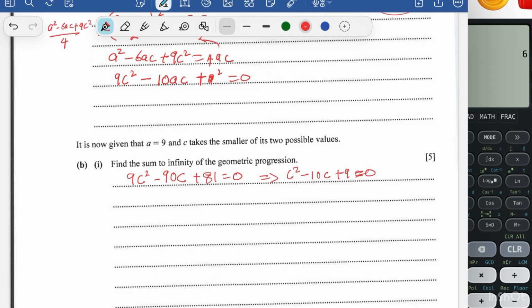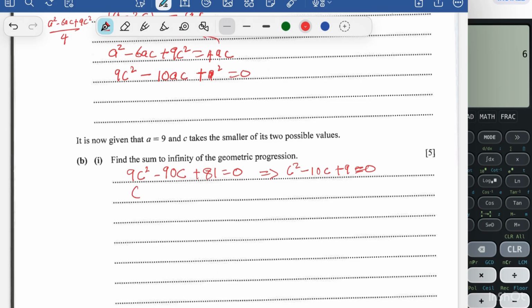Then we can factorize that. You can use your calculator: (c minus 1)(c minus 9) equal to 0. So my c is 1 and my c is 9. They told me c takes the smaller value. So we know a is 9 and we need to find b.